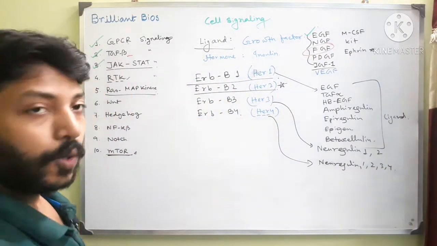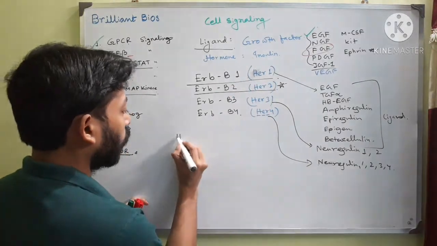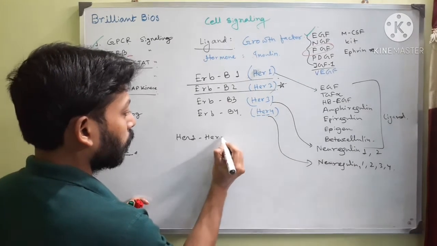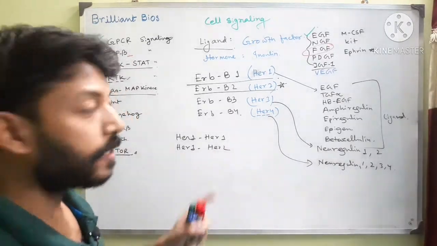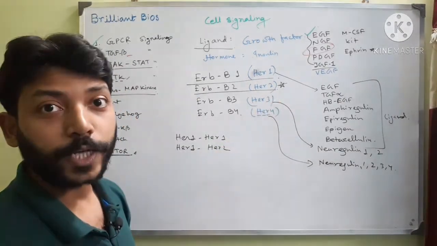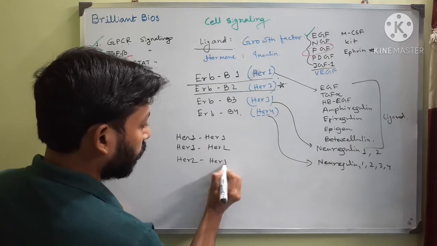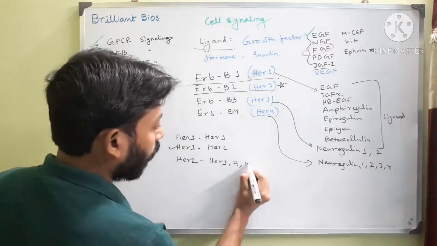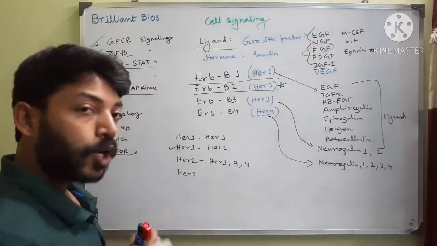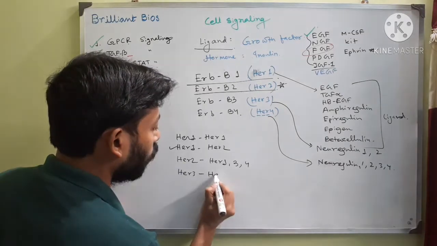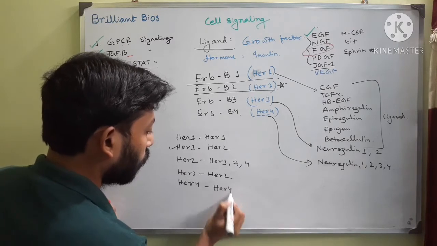Now HER1 binds as a homodimer, HER1 with HER1, or as a heterodimer, HER1 with HER2. I have mentioned HER2 does not bind any ligand, but HER2 actually makes heterodimers. HER2 can bind with HER1, or HER3 or HER4. HER3 does not bind with HER3, it always binds with HER2. And HER4 can bind with HER4, that makes a homodimer.